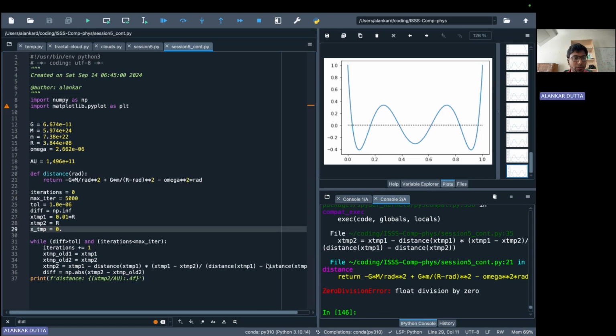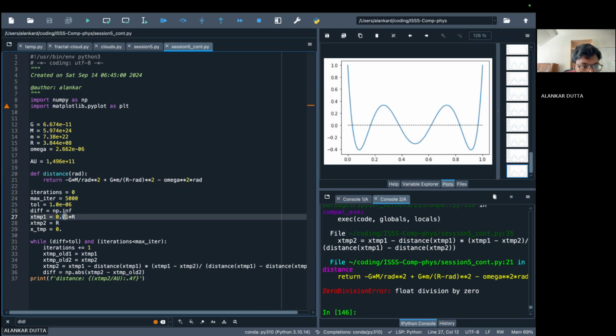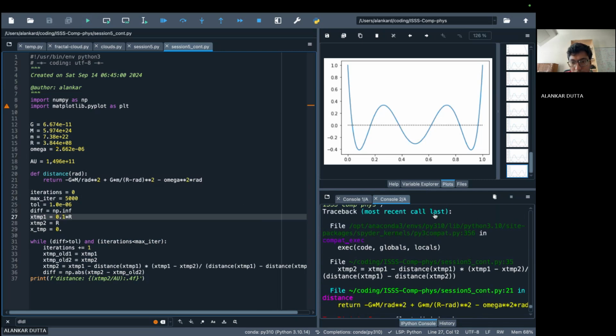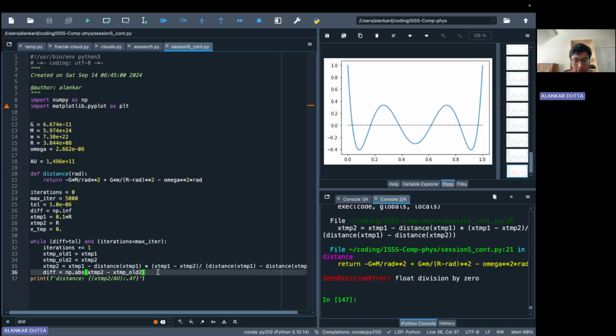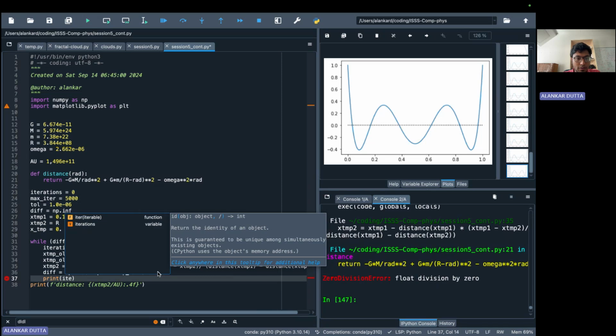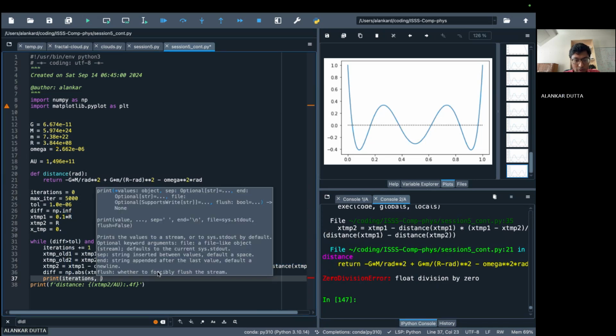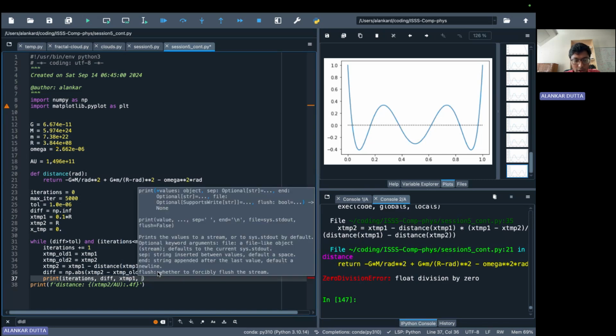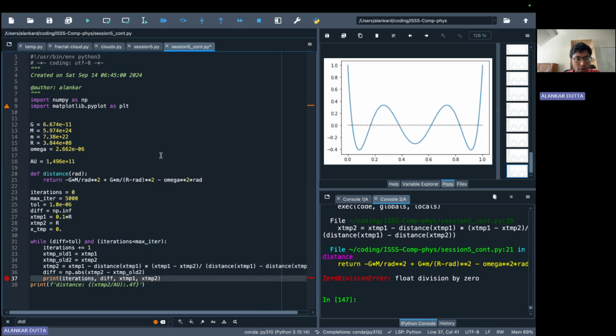Okay, so we have a division by 0. Why is that so? So let's print as usual. We are going to print iterations, difference xtmp1 and xtmp2. Let's see.